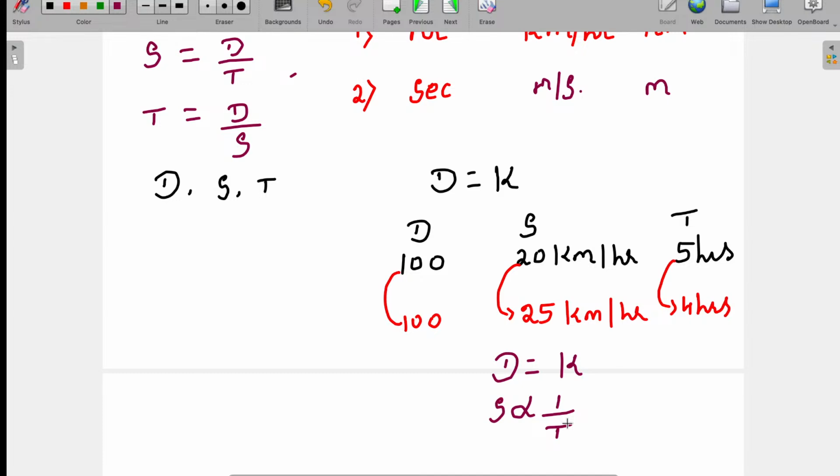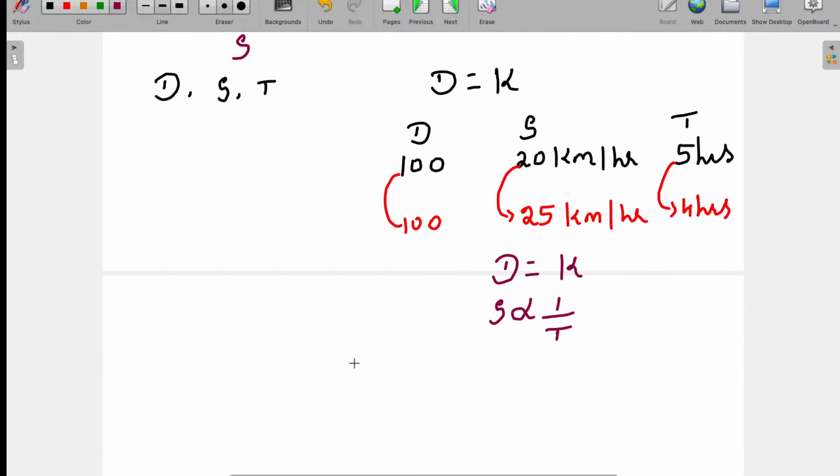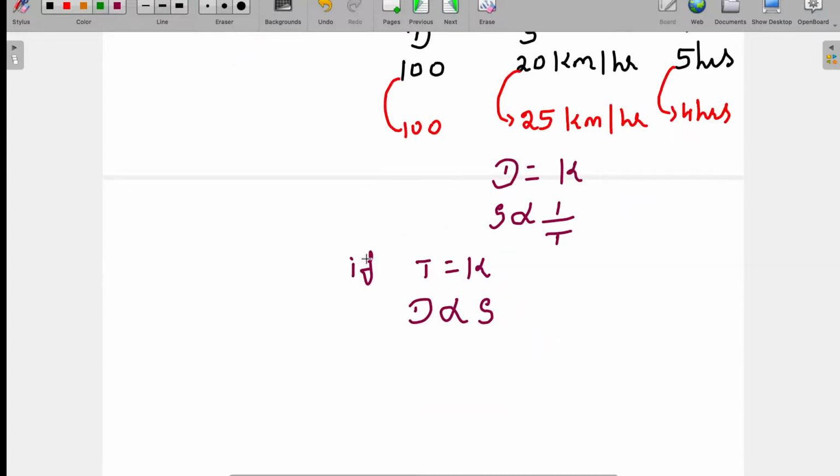Next, if time is constant, distance is directly proportion to speed. If I take one example, I have to travel in 2 hours. If distance is 100 kilometer, what's the speed?